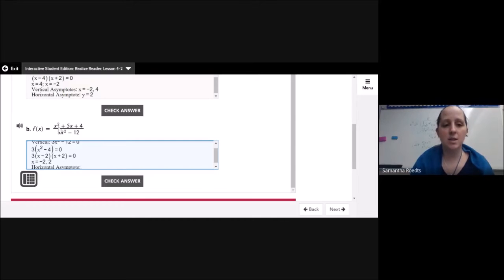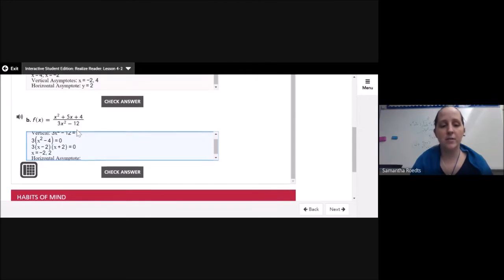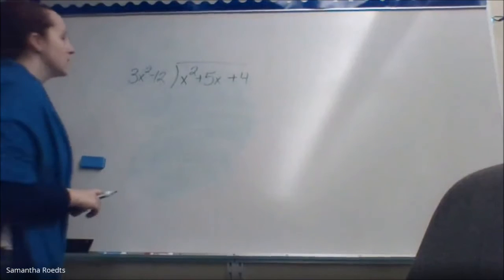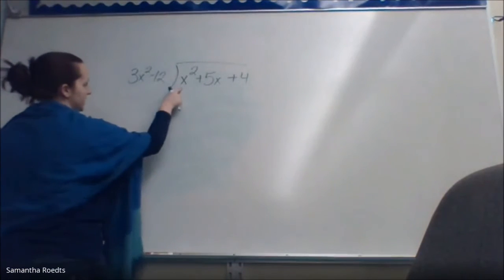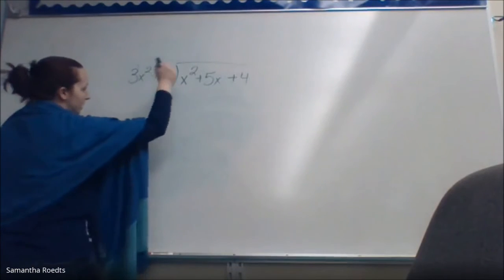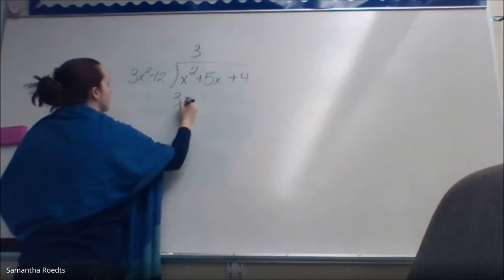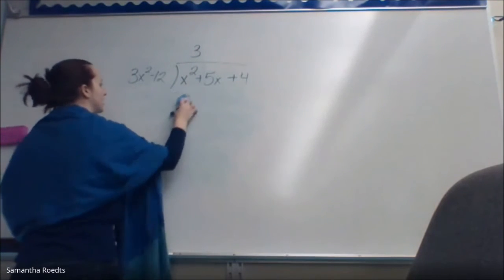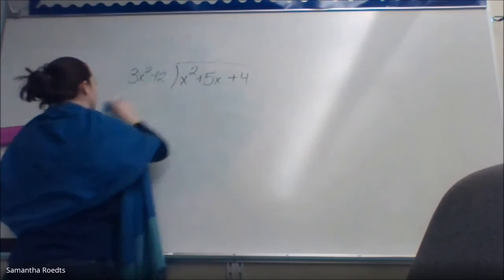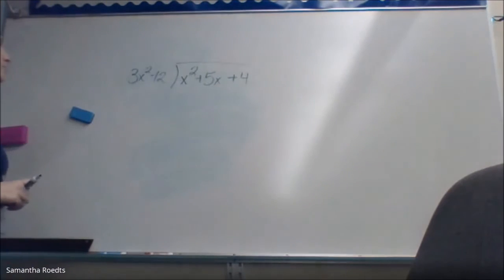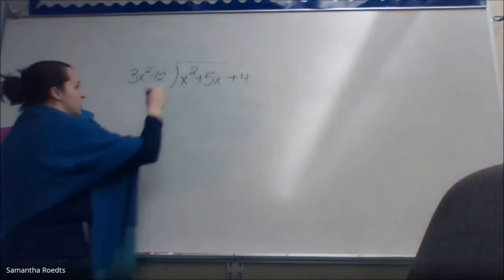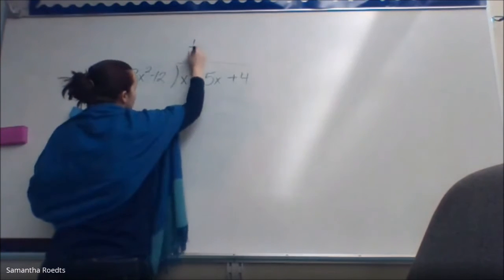Because these are the same, I divide. So I want to know what times x squared will give me 3x squared. Well, what times 3 will give me x squared, which is 1/3.